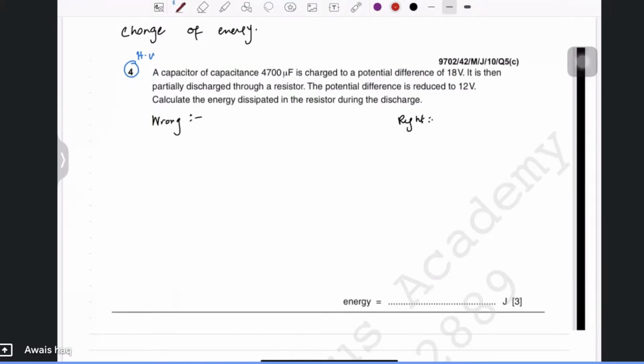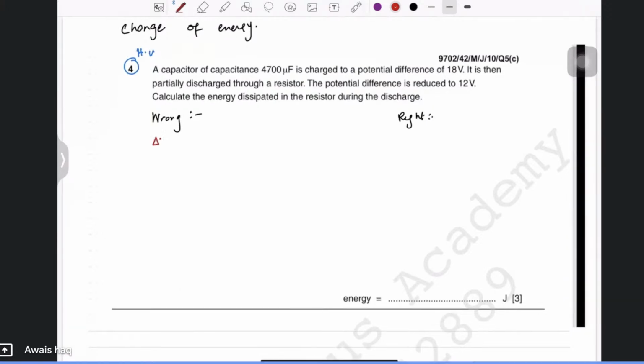The wrong method is that when they say find the change in energy, calculate the energy dissipated, that's the change. What most people do is they find the change in voltage, which means they do voltage 1 minus voltage 2. So they do 18 minus 12, so that's going to be 6 volts, right?